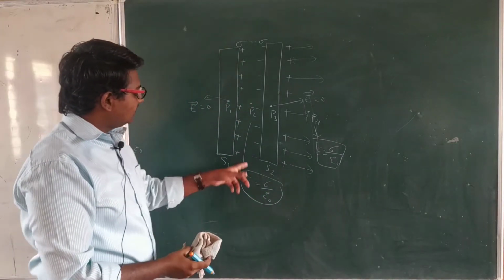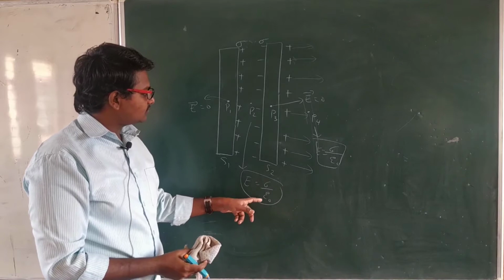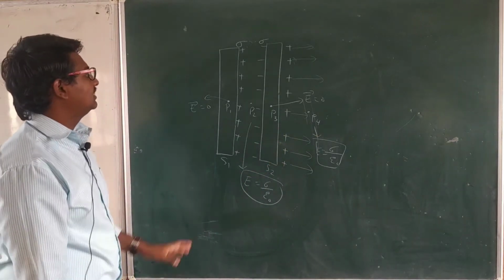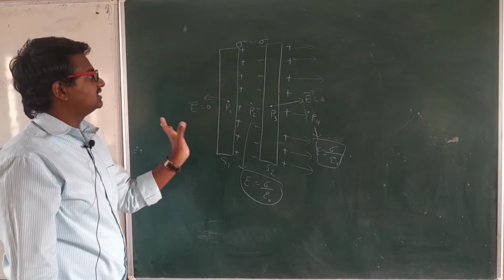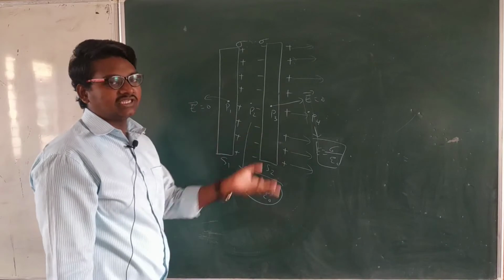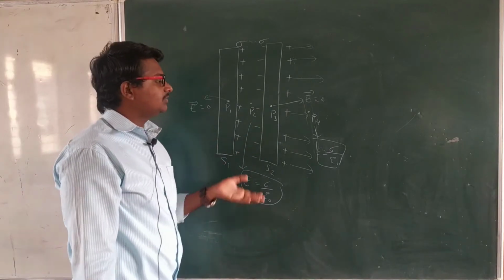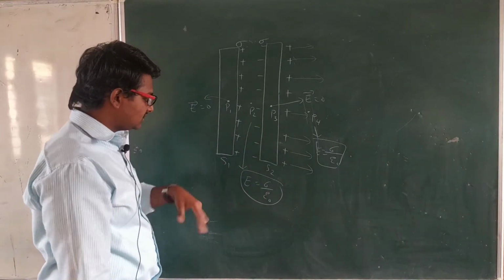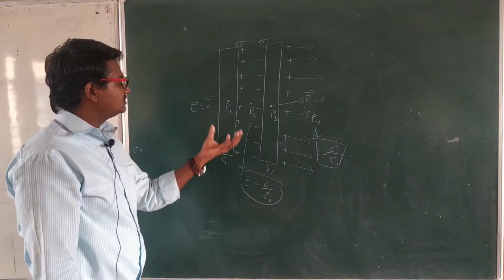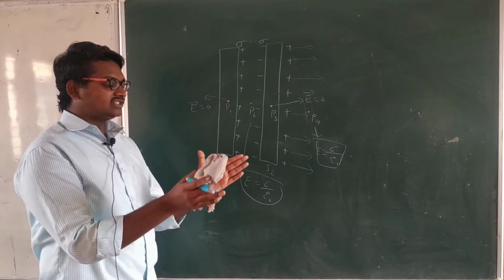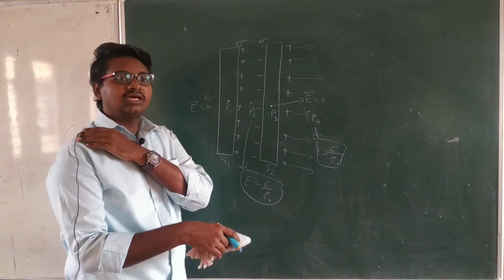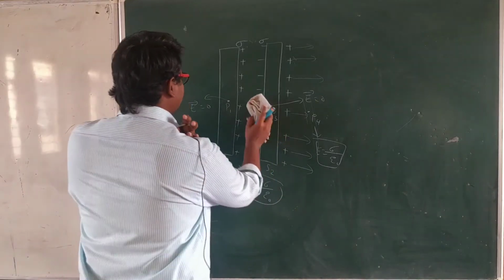Inside here it is sigma by 2 epsilon naught and outside it is sigma by epsilon naught. This is nothing but a simple form of capacitor. In the next lecture we will start capacitors, where we will discuss more about such plane sheets placed at a distance, which is used to store electrical energy.